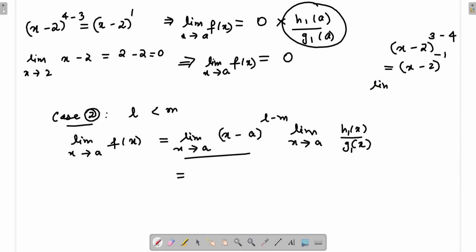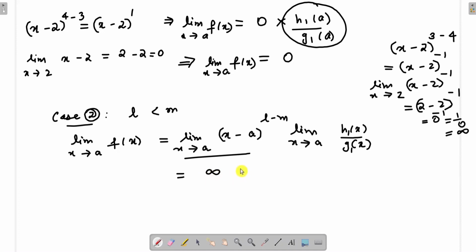And suppose we calculate the limit x tends to 2 of (x minus 2) raised to minus 1, we will have (2 minus 2) raised to minus 1, and so that is 0 raised to minus 1, which is 1 by 0, and that is not defined, or we can write infinity. Okay, so this will be not defined, and then multiplied by this limit, which is h1(a) divided by g1(a).